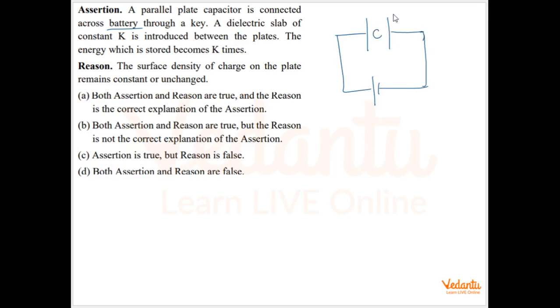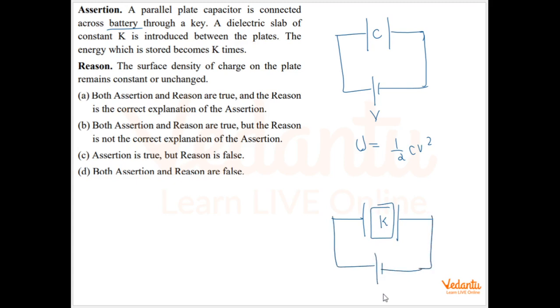So originally, you have capacitance C, battery is V, the energy stored is half CV square. Finally, because the slab is inserted, C dash will be equal to K times C. So the new potential energy will be equal to half into C dash into V square.